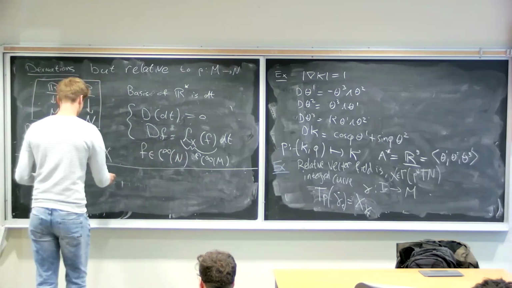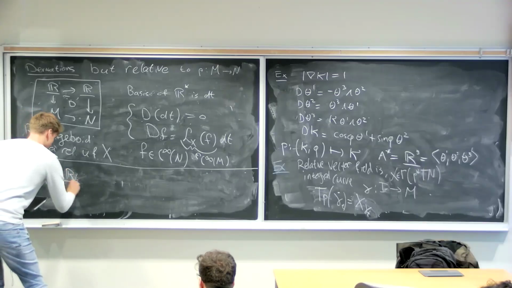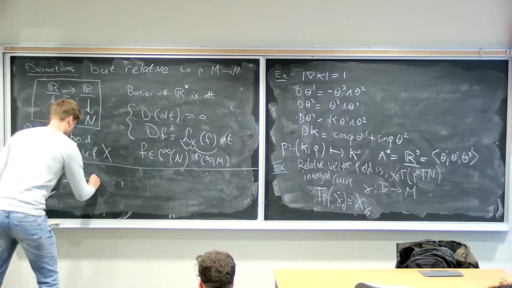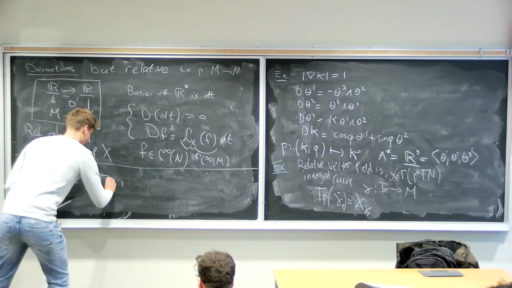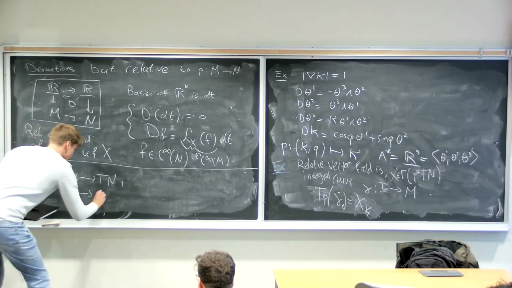So normally for vector fields, the anchor of the algebroid corresponding to the vector field, to TN, would send 1 to x.